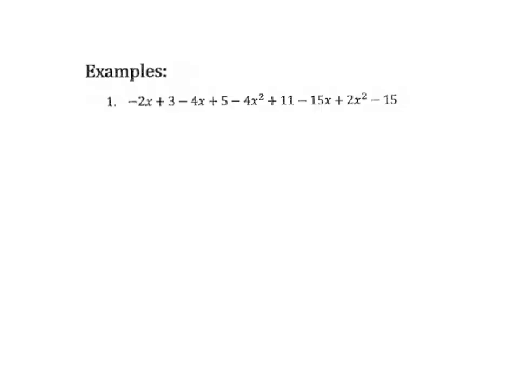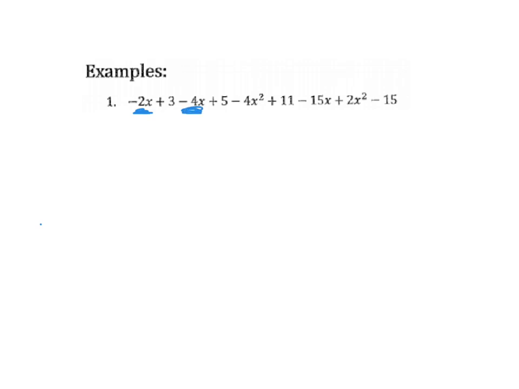Okay, so our first example, we have negative 2x plus 3 minus 4x plus 5 minus 4x squared plus 11 minus 15x plus 2x squared minus 15. So you can only combine terms that are like terms. I'm just going to start here in the beginning with this negative 2x, and I'm going to look for anything else that has a plain x.